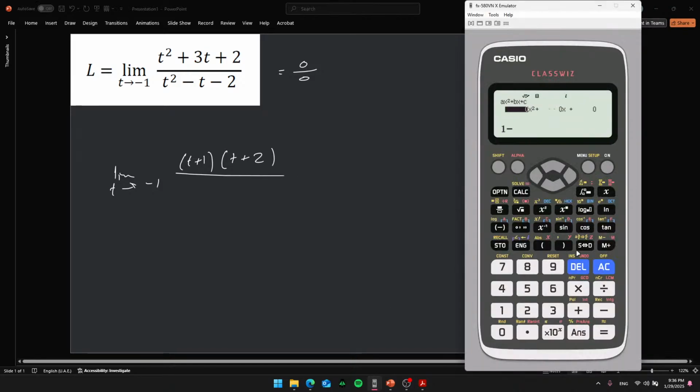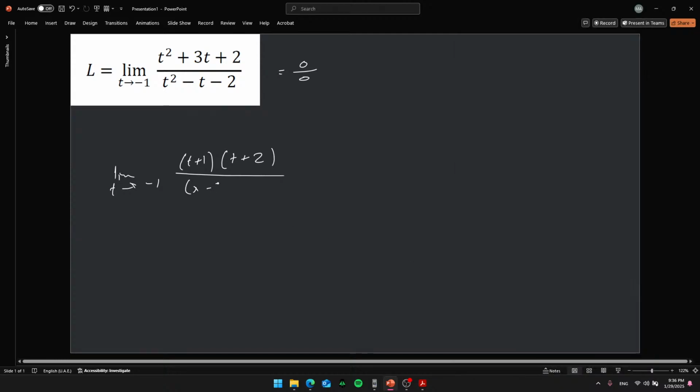Negative 1, negative 2. And obviously 2 plus 1, T plus 1. This one should be T minus 2 and T plus 1.